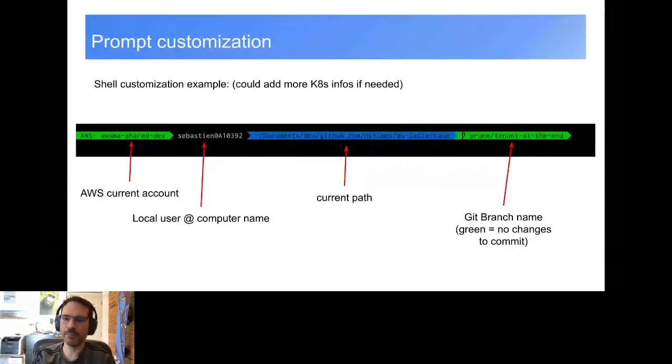You know, at every point in time where you are in your shell, in which folder. If it's a Git repo, you have at the end in green here on which branch you are, and you can add a lot of other different stuff here. You can add some stuff related to Kubernetes, like the context or the namespace you're in, the default namespace you selected. Definitely a very good helper when you're in the shell quite often.